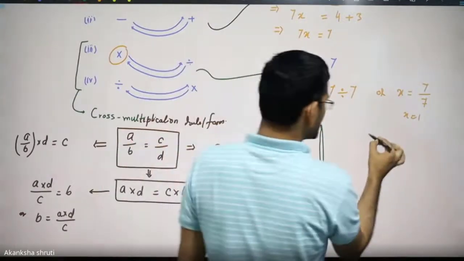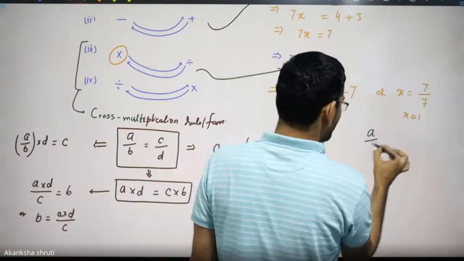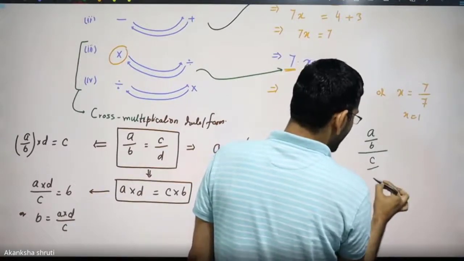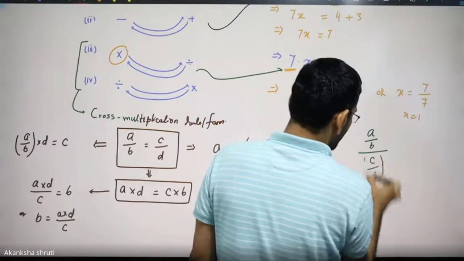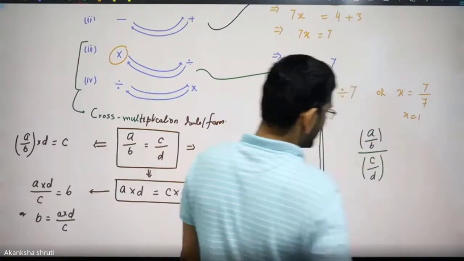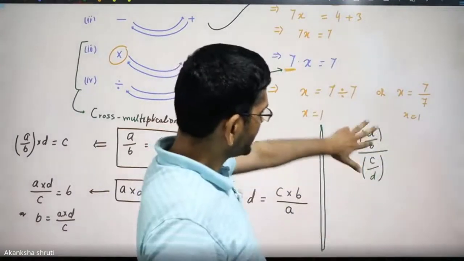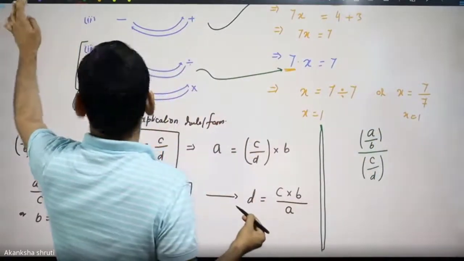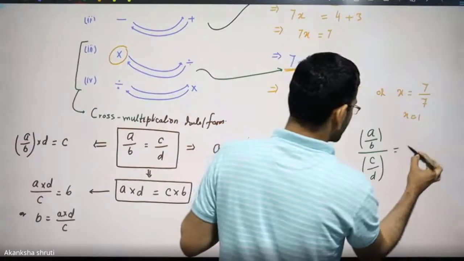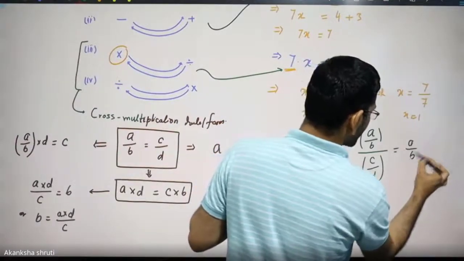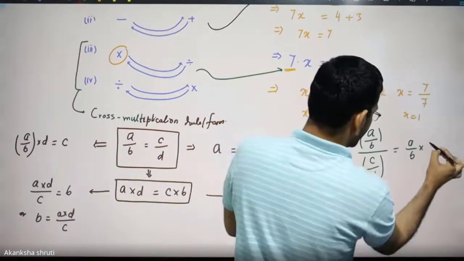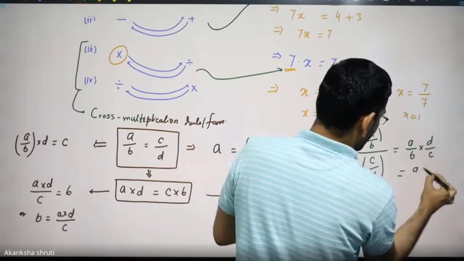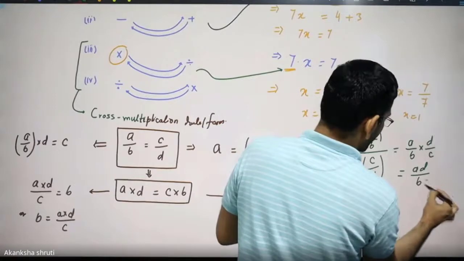If I have two ratios, A by B whole divided by C by D, student, there we have learned that if something is first ratio by second ratio, then it is simply coming as A by B multiplied by D by C. Okay, this is our AD by BC.